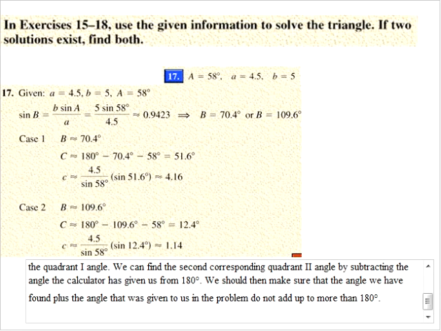All right, we have to be careful because there may be two triangle solutions that actually exist here. Usually when we have side-side-angle, that's when we have to be careful, especially if we're able to solve and get a value for B. Okay, so here I took this straight from the lesson down here.